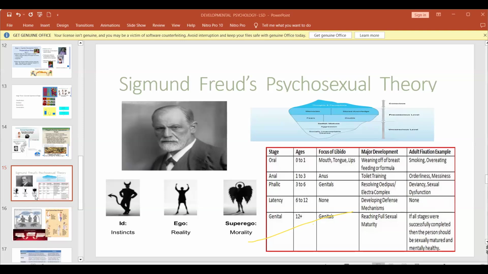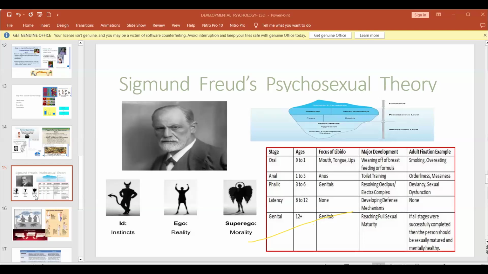The most important life event is toilet training. If toilet training is not properly done, the gratification of the anus can lead to over gratification or under gratification. And if it is over gratification or under gratification, it is a fixation, it is a conflict, and it will be stored in the unconscious mind.